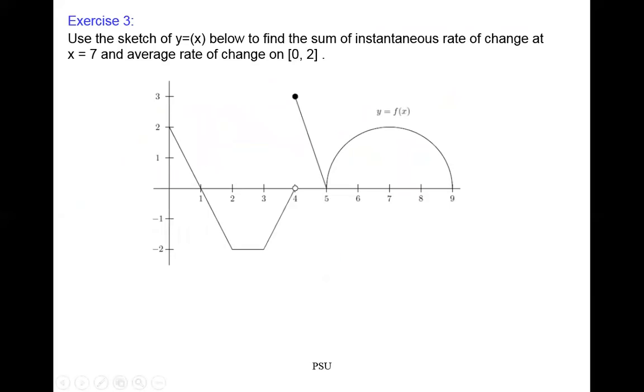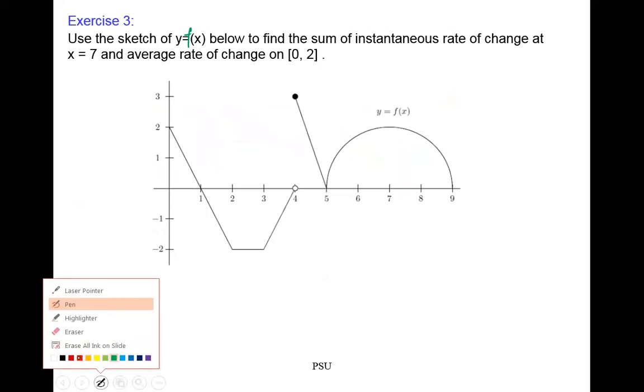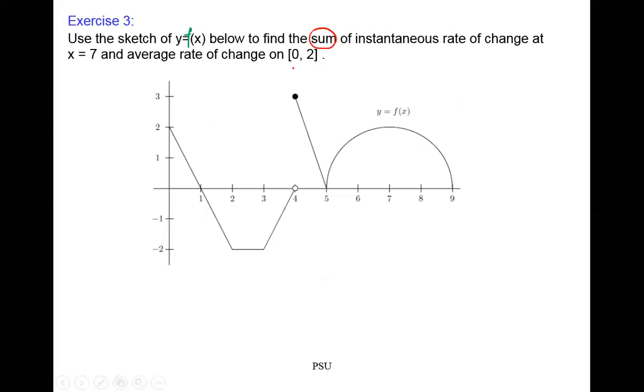And I do have, okay, one more question, wrapping up the section. Use the sketch of the function f of x below to find the sum of the instantaneous rate of change at 7 and the average rate of change on the interval from 0 to 2.